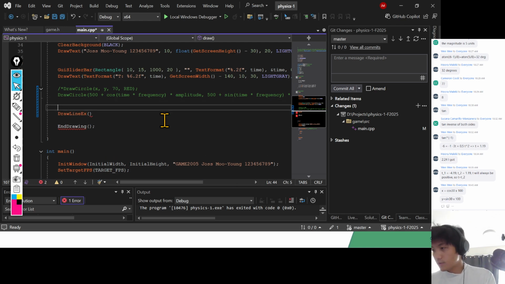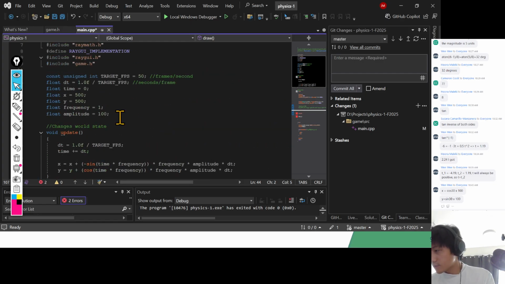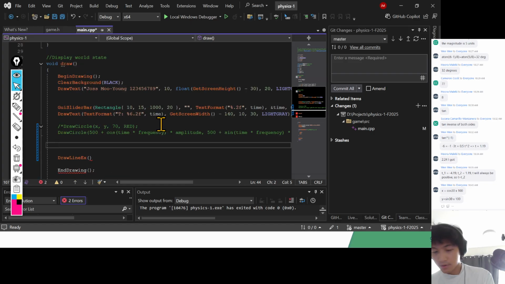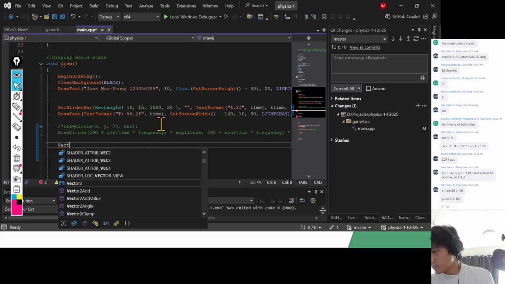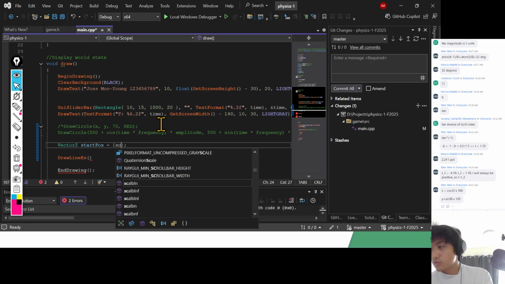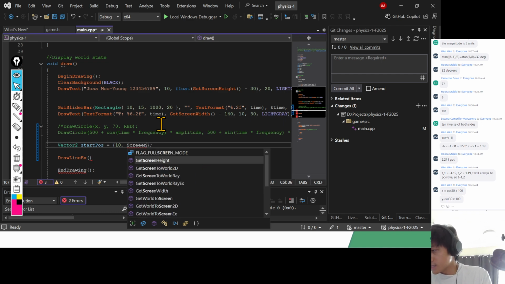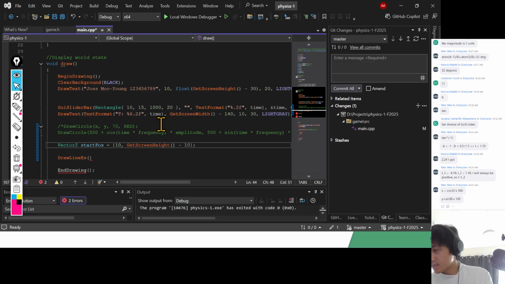Yeah. So let's say our start position. Let's make up a start position. There is a vector 2 class. I believe it's just 2 floats, so I should be able to say my start position is going to be screen 10 and screen height minus 10.